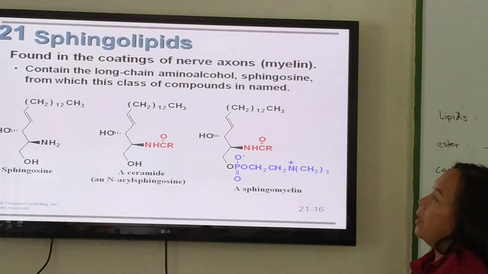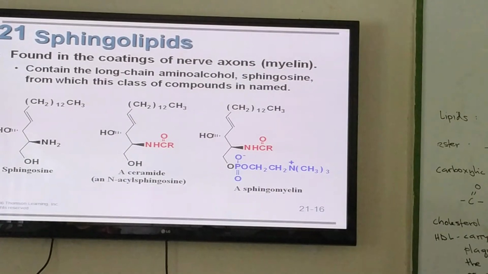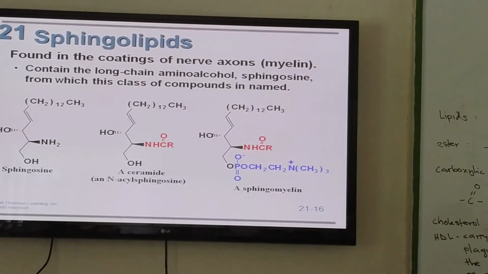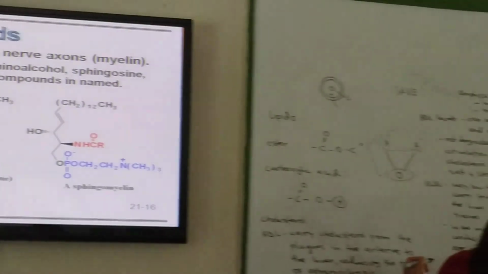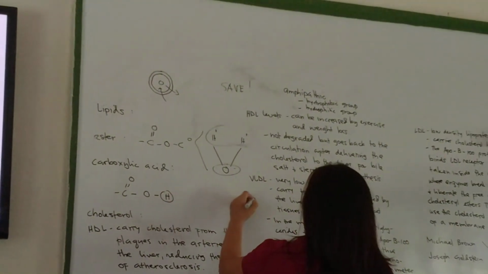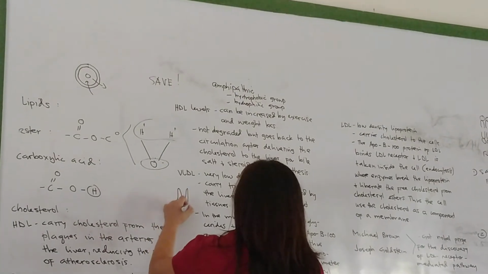Another we have is the sphingolipids. Sphingolipids are lipids bonded with sphingosine, found in the coatings of nerve axons, or the myelin sheath. Where can you find it? Say this is the neuron.